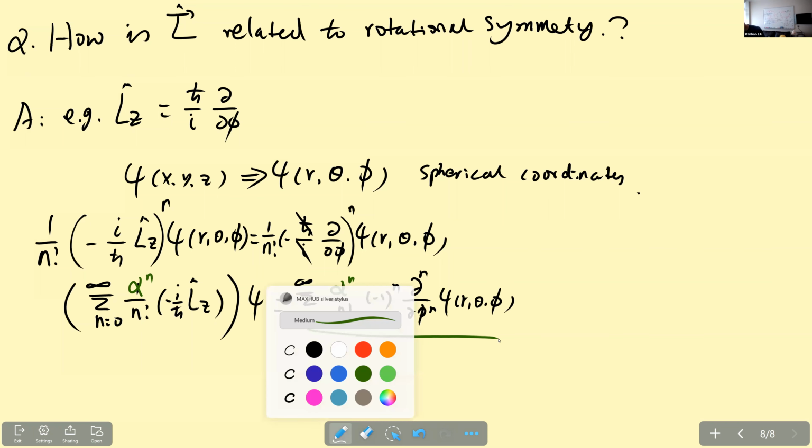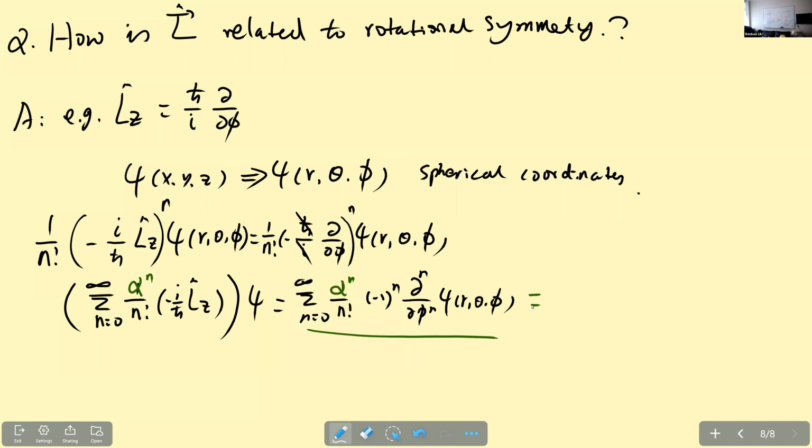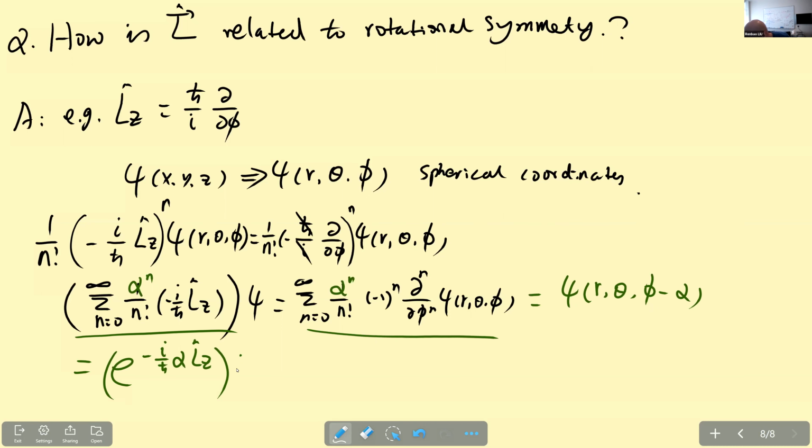So this just equals psi(r, theta, phi minus alpha), right? And on this one, you are just applying the angular momentum operator repeatedly. So this actually equals e to the minus i over h bar alpha Lz, the exponential function of this operator acting on psi.